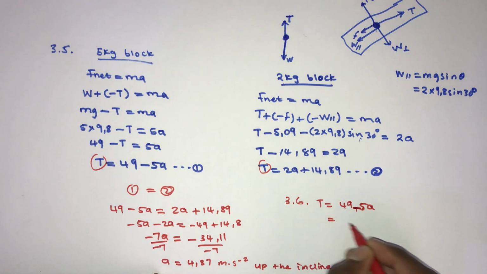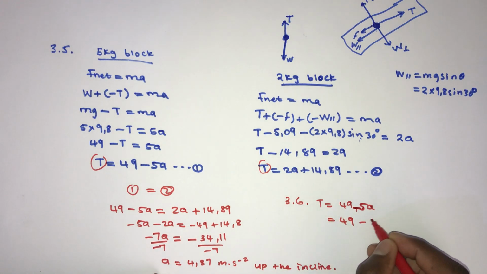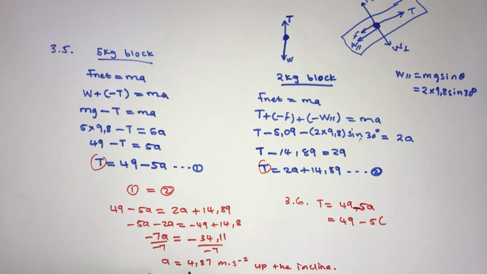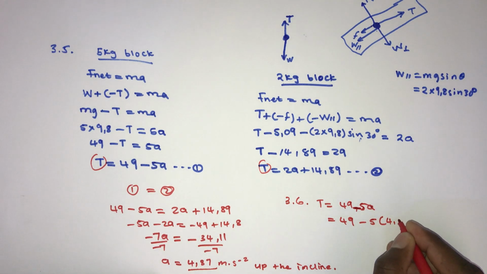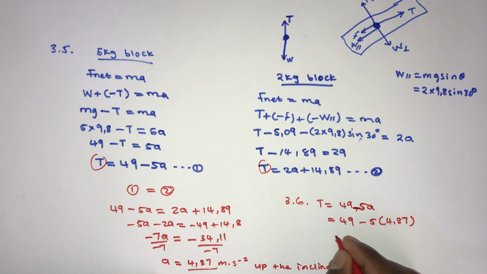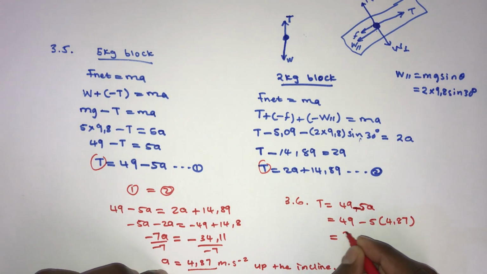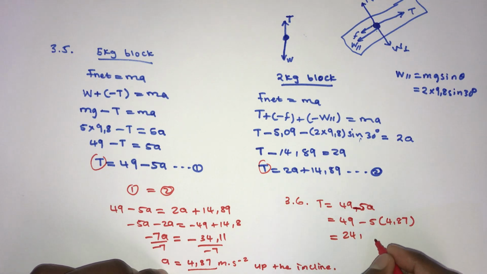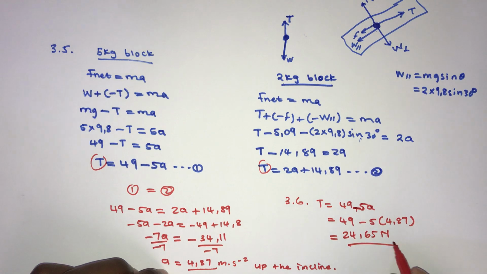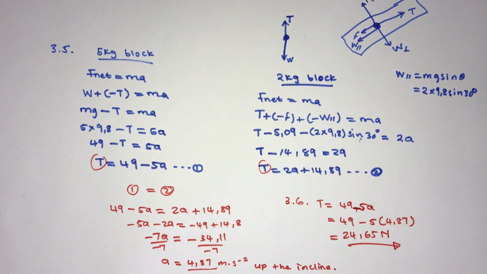What is a? A is the acceleration, which is 4.87. So what is 49 minus 5 times 4.87? That gives us 24.65 Newton. So this is the tension acting on the string between the blocks.